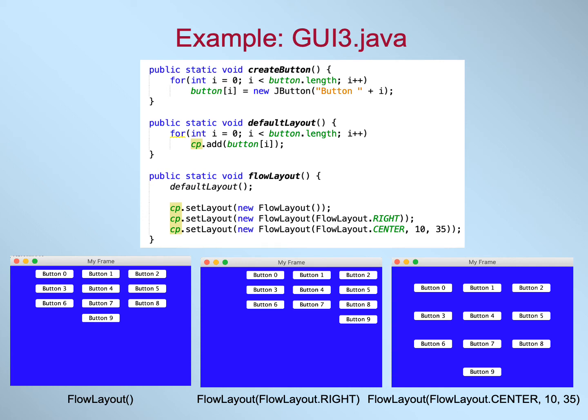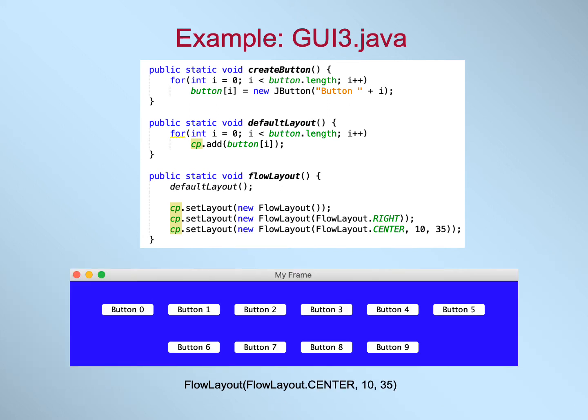For example, the one that I have written in the code is FlowLayout.CENTER, horizontal gap of 10 and vertical gap of 35 pixels. What happens if I try to resize the window? The components, or in this case the buttons, are placed on the same line and continue on the next line.